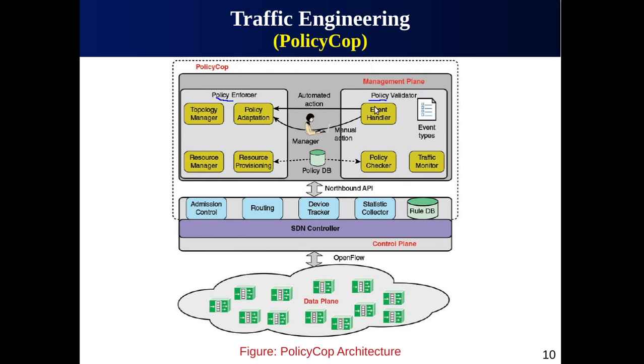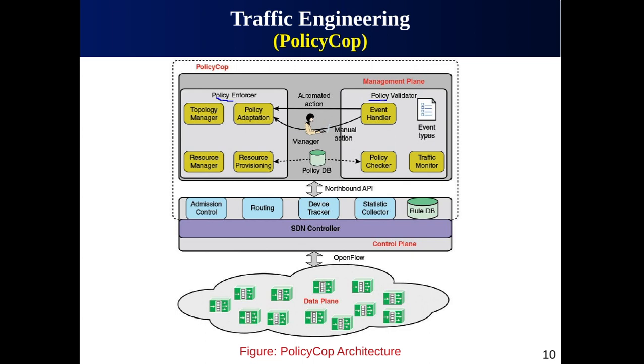And if the policies are violated, then it will reconfigure the network to reinforce the violated policies. And this figure consists of different modules. If you count these modules, 1, 2, 3, 4, 5, 6, 7, 8, 9, 10, 11, 12, 13. So 11 modules and 2 databases. In total we have 13.